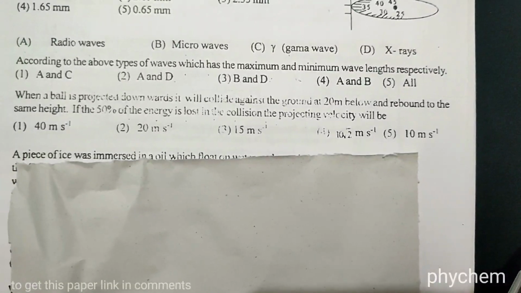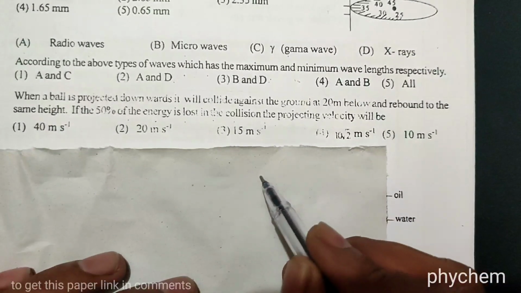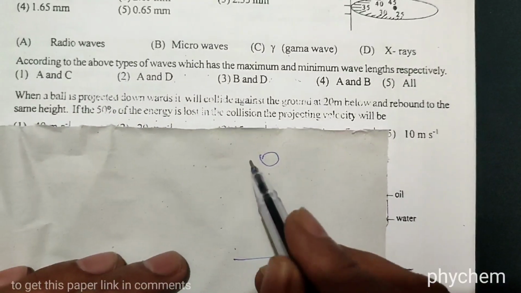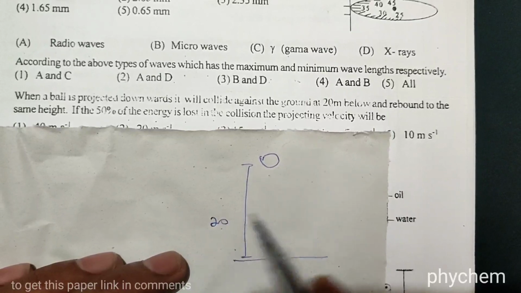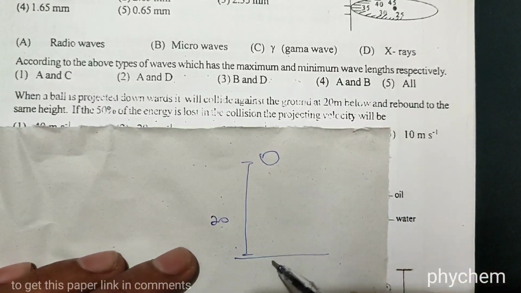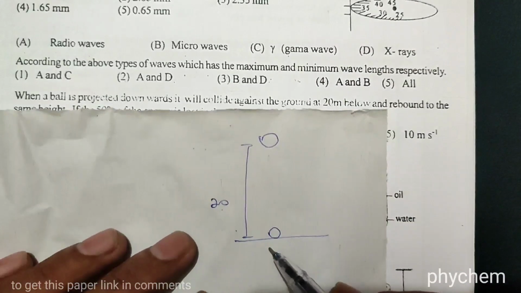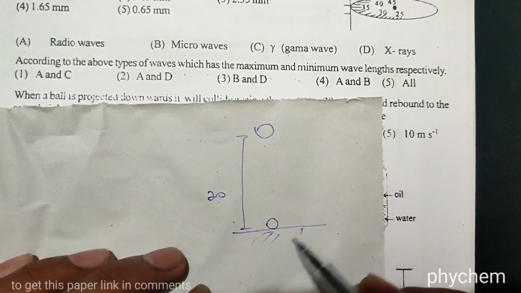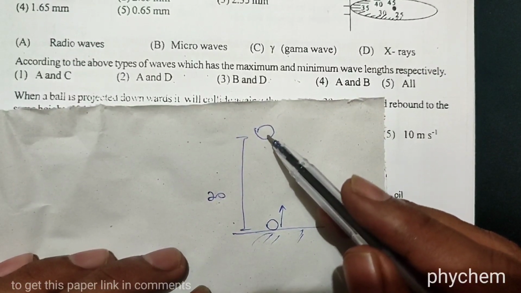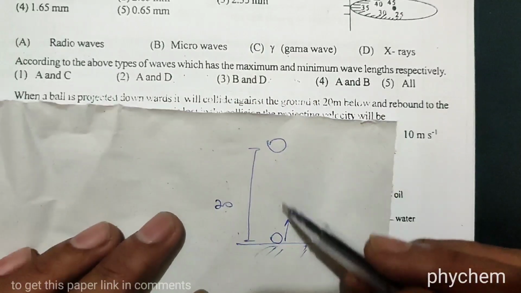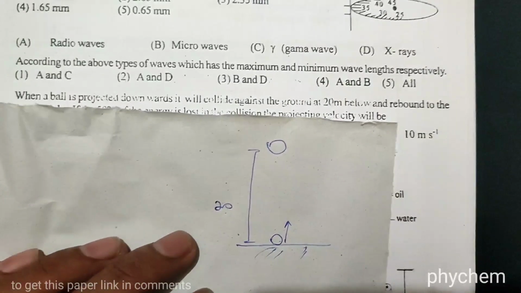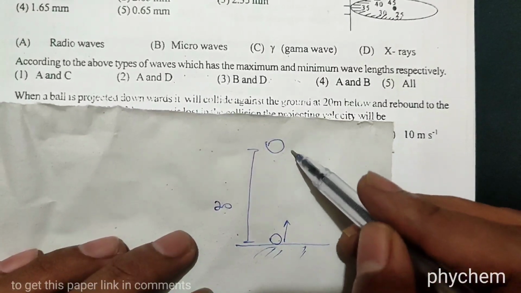The incident they are describing is: you have a ball 20 meters above the surface, and you project this ball downwards, and it comes down, collides with the surface, bounces back and goes to its initial point, which is 20 meters above the surface.